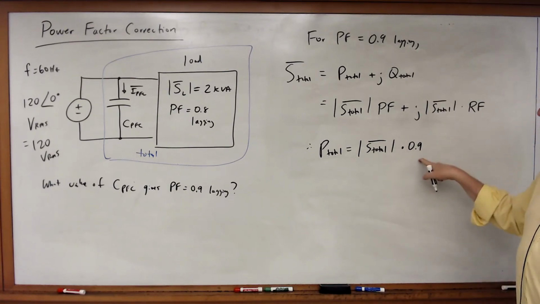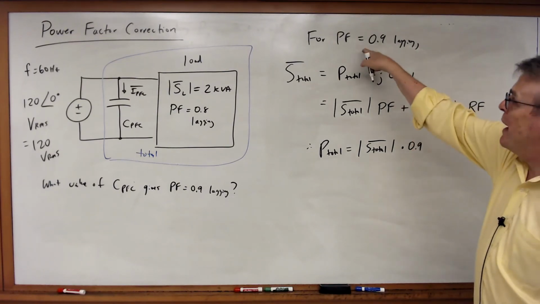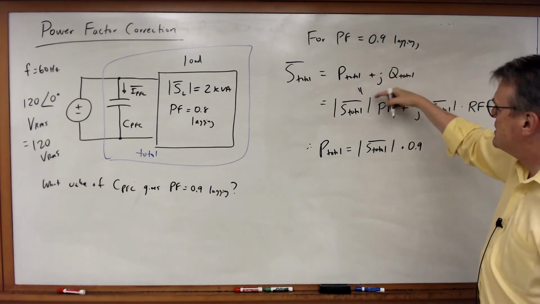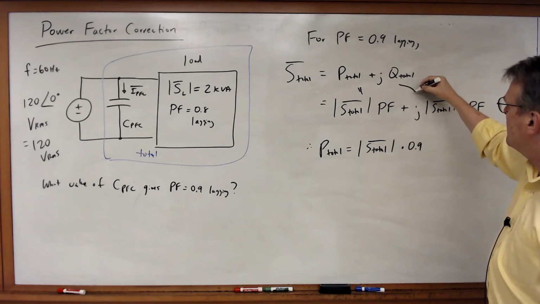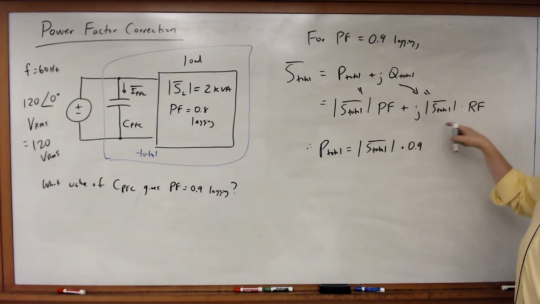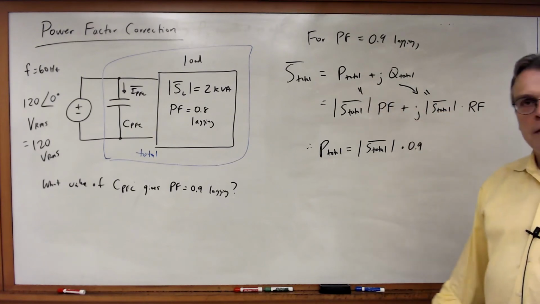All right? So I just simply plugged in our desired value of power factor, knowing that this is equal to this and this is equal to that. Q is equal to this, P is equal to that.